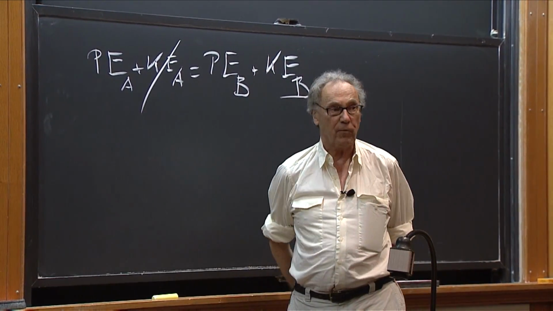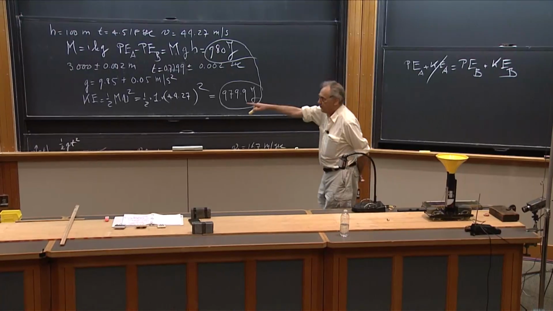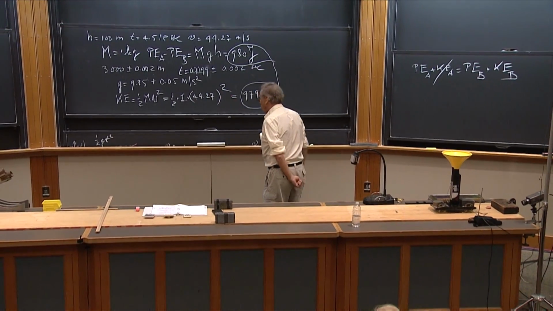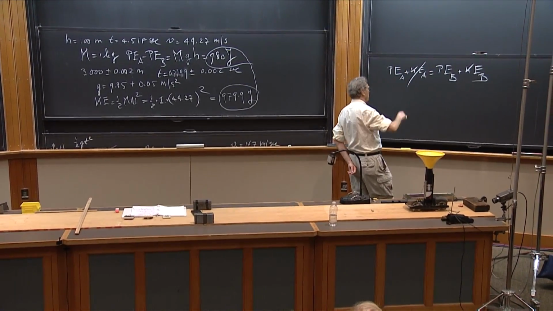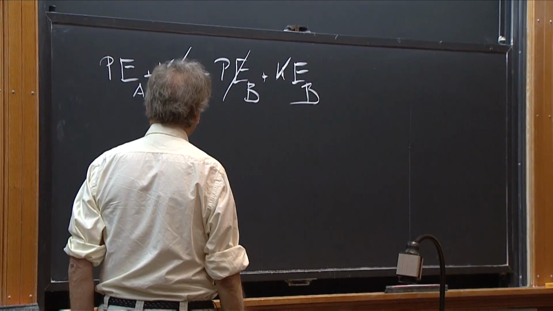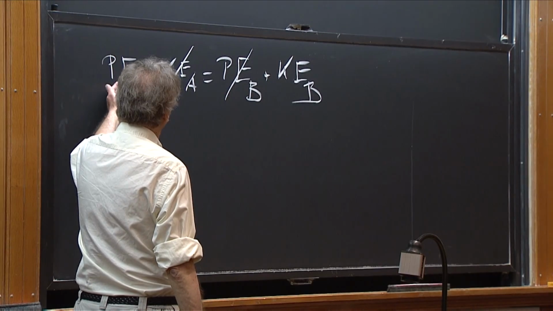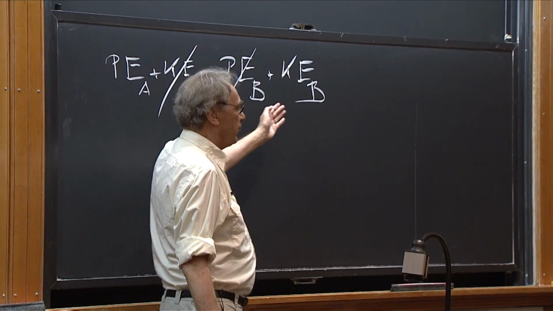So this term is 0. We also agree that when the object is at point B, the potential energy is 0 because all the potential energy, remember, was in A. So this is 0. So you see that the conservation of energy gives you immediately the result that we already knew.